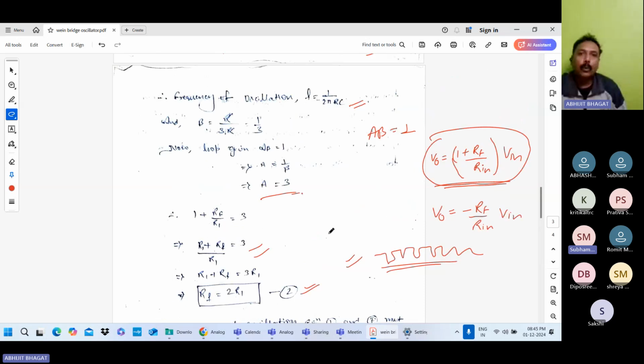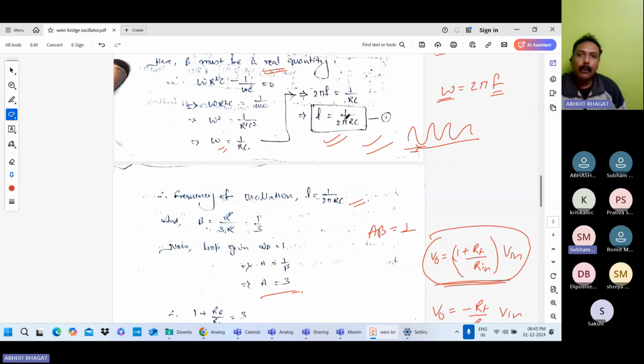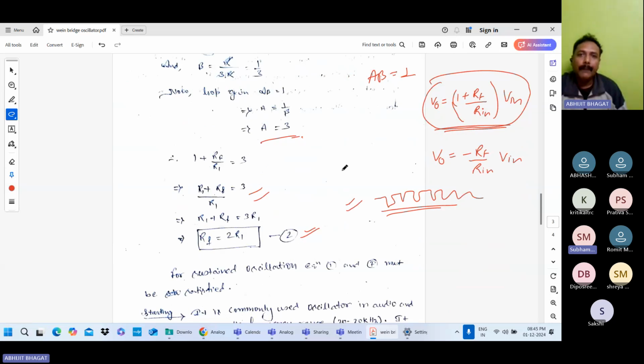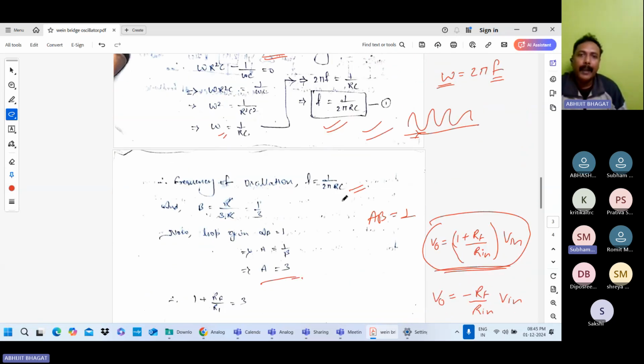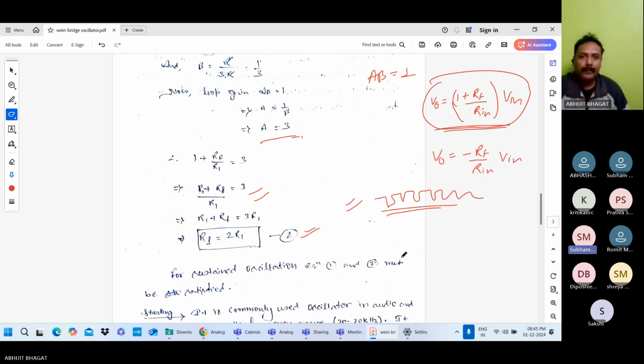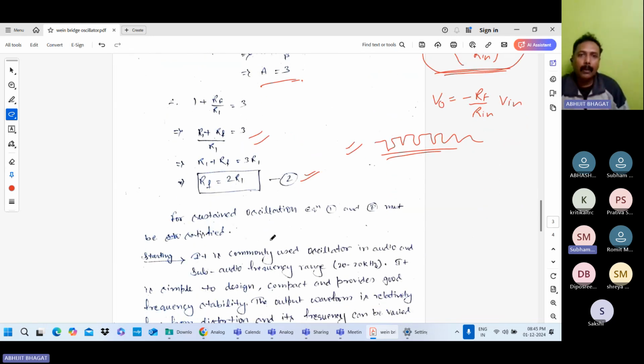These are the two criteria: frequency equal to 1 by 2 pi RC and RF equal to 2R1. If these two conditions are satisfied, then you get oscillation in the Wien Bridge oscillator. So this is all about the Wien Bridge oscillator.